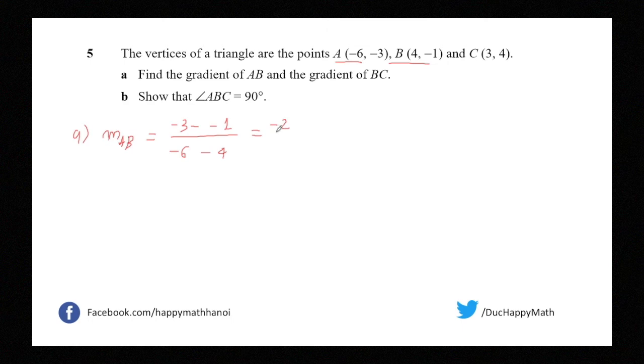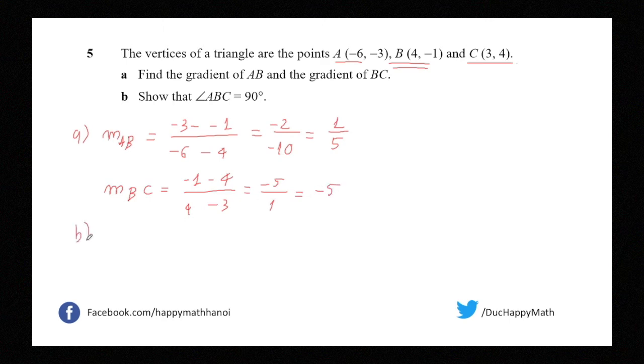It means minus 2 over minus 10, equal to 1 over 5. And the gradient of BC is between point B and point C, minus 1 minus 4 over 4 minus 3, minus 5, 1 minus 5.